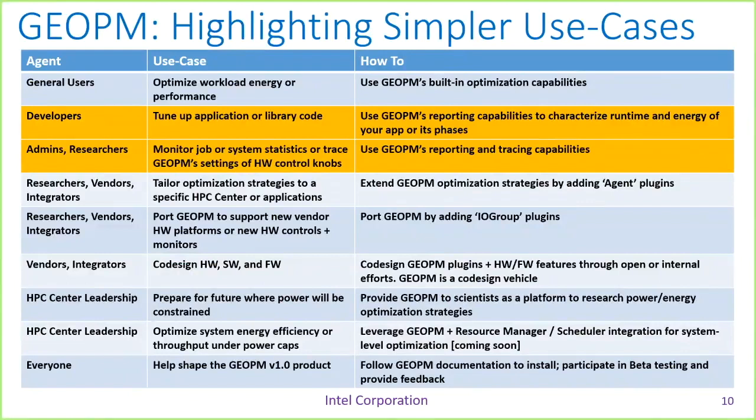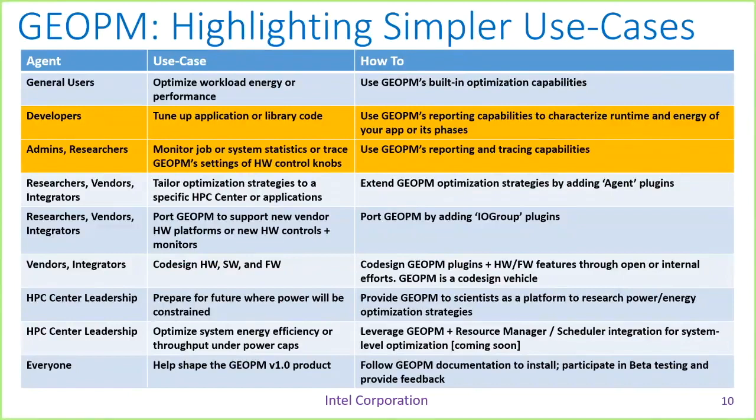This is something that may be of interest to developers. You can use GEOPM's reporting capabilities to characterize runtime and energy and other statistics of your application or even individual phases within it. With GEOPM's APIs, you can mark up a region of interest in your application and study the cumulative runtime, energy, or other statistics for that region of code.